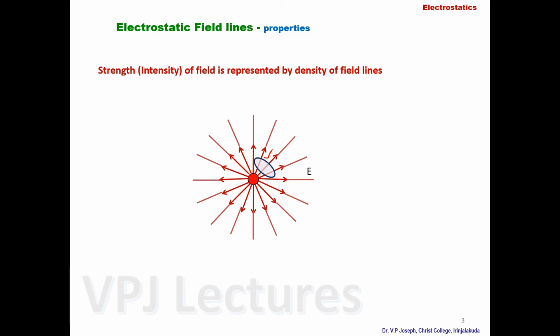In the present case, we can see that around three lines are passing through the area, and if the area is at a far distance from the charge, we can see that there is only one line coming out. So the number of lines crossing per unit area is called the flux density, and it is a measure of the field intensity.